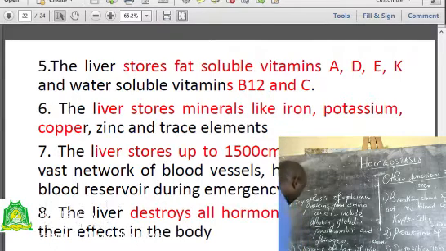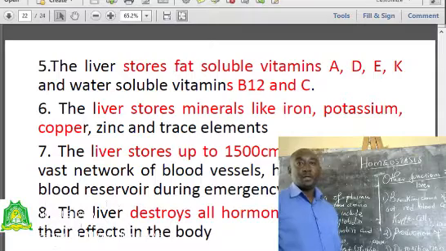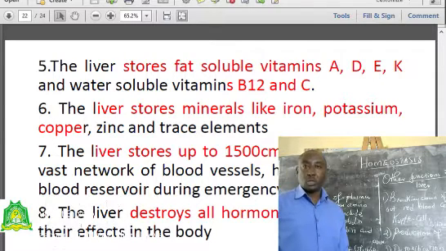That means it also stores mineral ions, such as iron. Again, here to remind us of the advice which most doctors give, that when your blood level is low, try to eat liver.